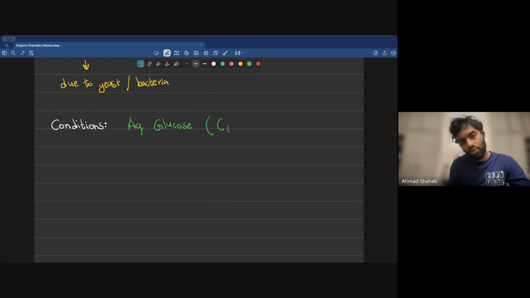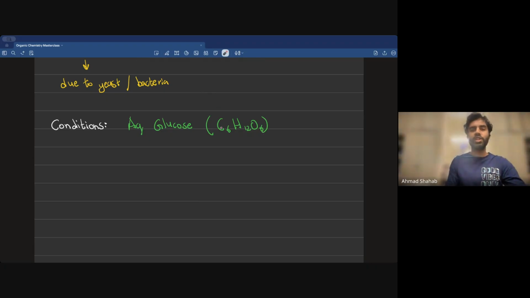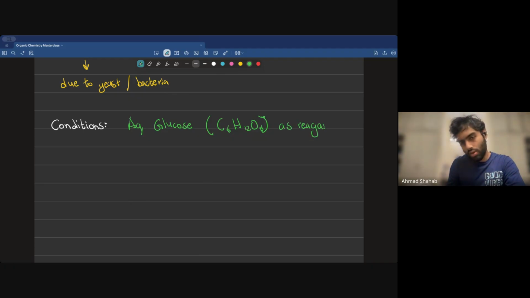And the formula for glucose is C6H12O6. This is the very important reagent that we will have to use in order for the reaction to proceed. I will write that down as reagent. So this was the first of the couple of conditions that you are supposed to know.